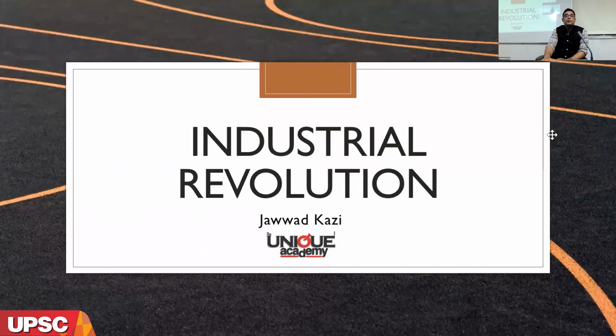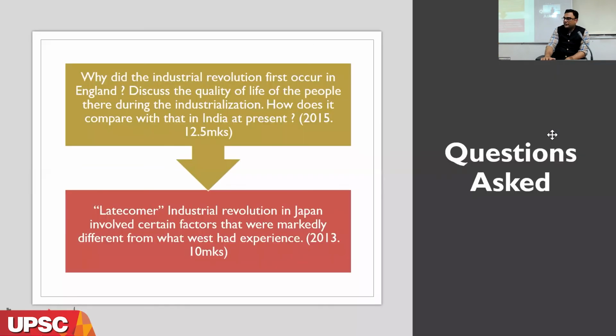After this, we will see the actual first topic of world history, which is industrial revolution. Let's start our discussion, and before that let me share with you the two questions that UPSC has asked on this topic. Let's see the first question.